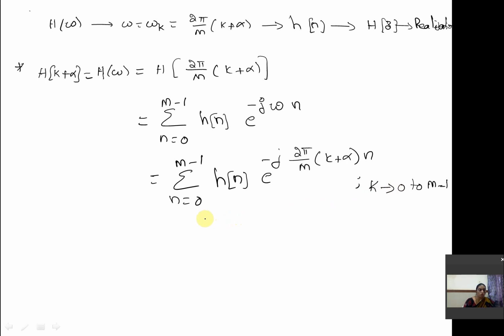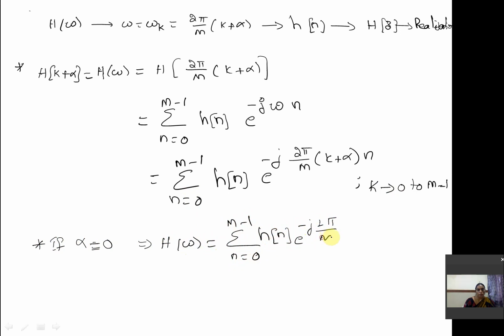Okay, so now here if you observe this one, if I take alpha 0, so we may take either alpha 0 or 1 by 2. So suppose alpha 0, if you observe, this equation is nothing but simply H of omega is summation n = 0 to M minus 1 h of n e power minus j 2 pi by M k n, right?